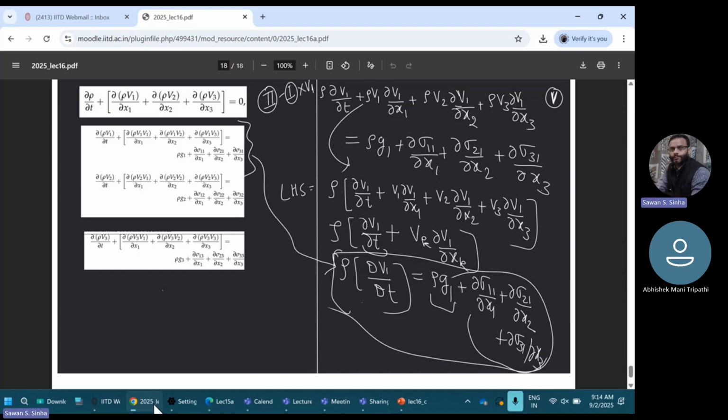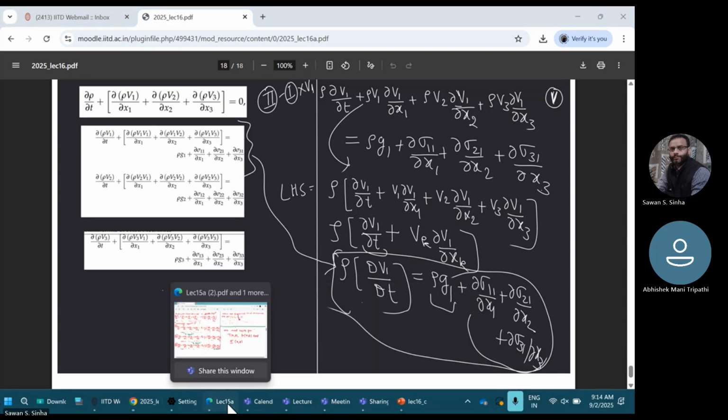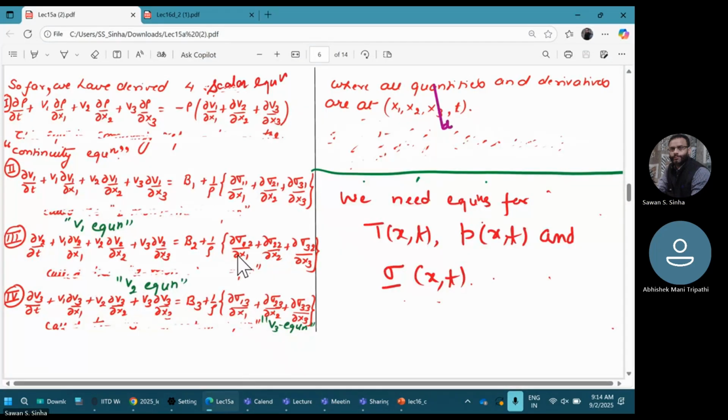So in this way, I get all the three equations for V1, V2, and V3. This slide shows the summary of the work that we have done so far in deriving various equations. The first equation was of density, using which law?